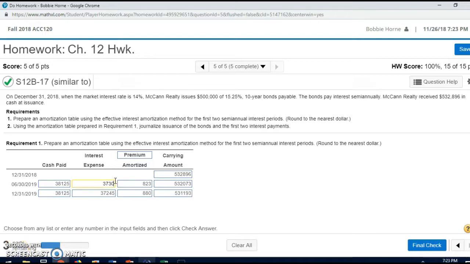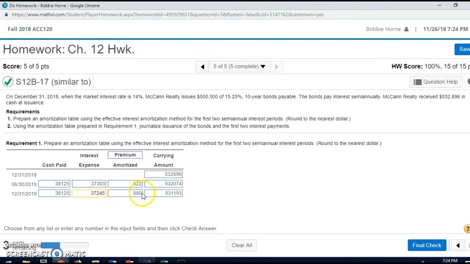Okay, so I forgot to round up to 303, so that's going to change that. 38,125 minus 37,303 is going to be 822. So that's going to throw this number off by 1, and which throws everything else off except for these numbers. So we have to do 532,074 times 0.14 times 6 out of 12, and that would be 37,245 right here.